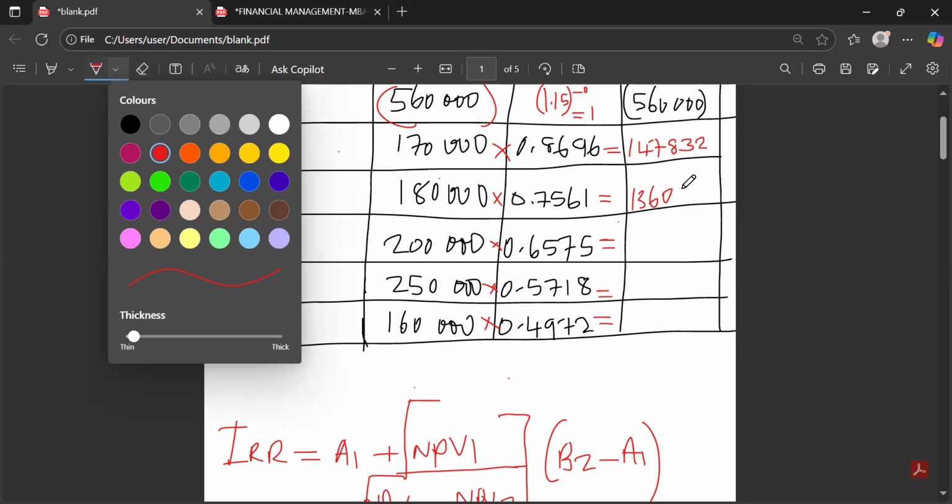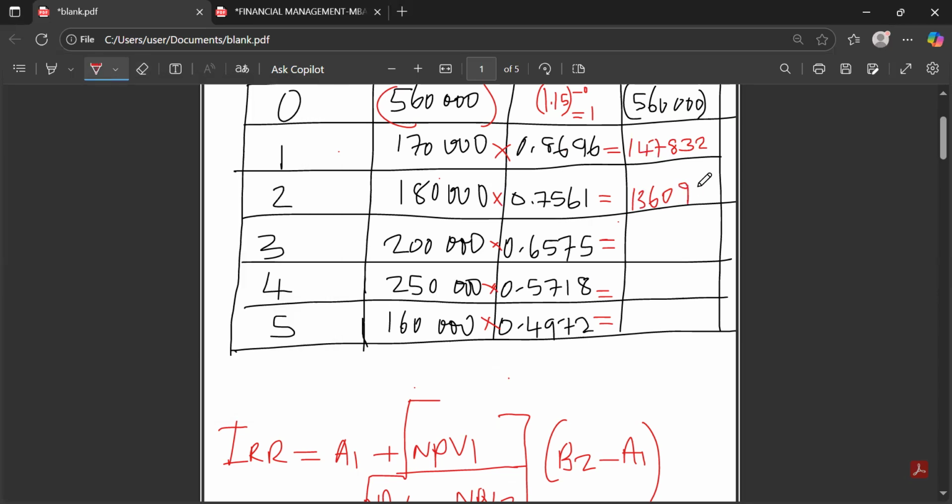Then continue the other one. The third one is 131,500. Then the other one. The fourth one is 142,950.